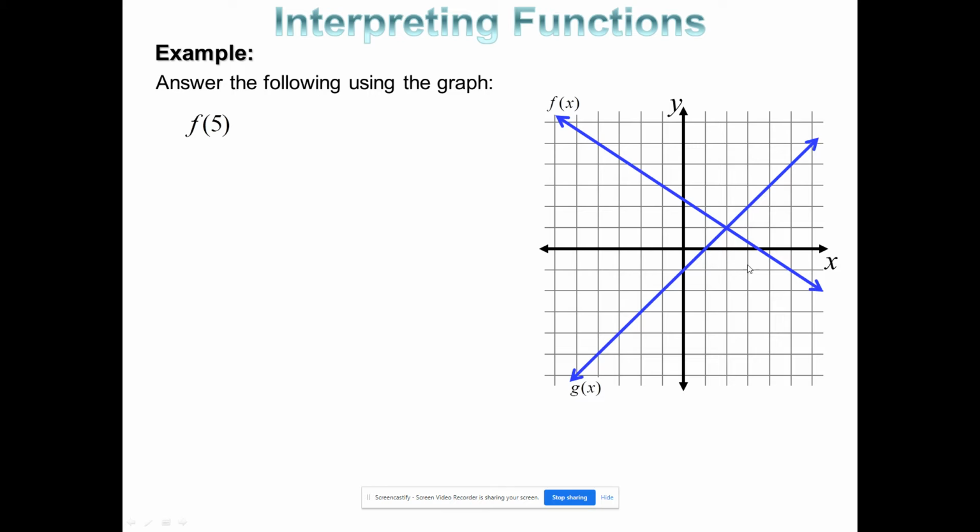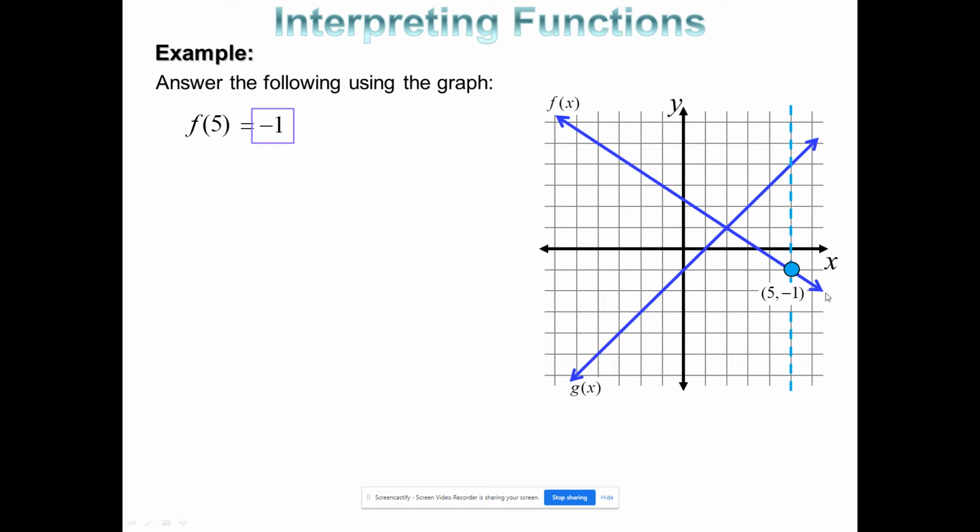So 1, 2, 3, 4, 5. And then we would go to the line that's labeled f, and that's right here. So f of 5 is negative 1. So the answer is just negative 1.